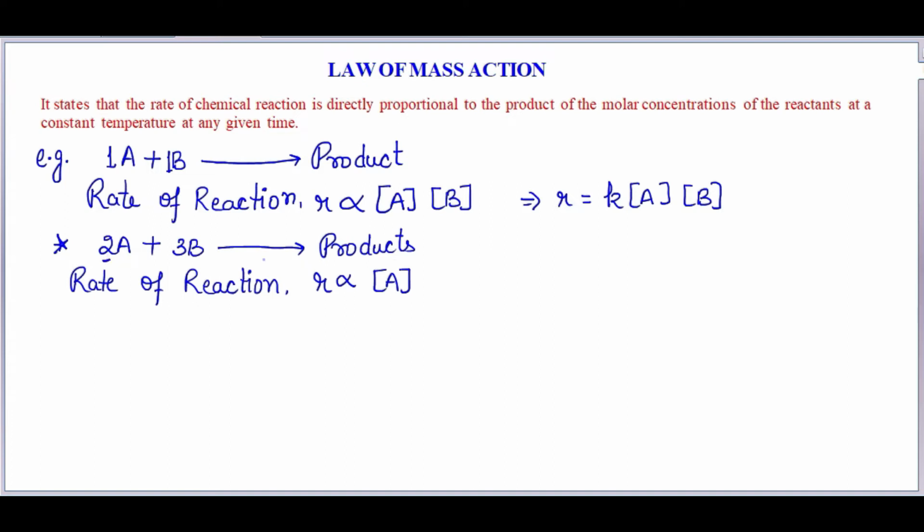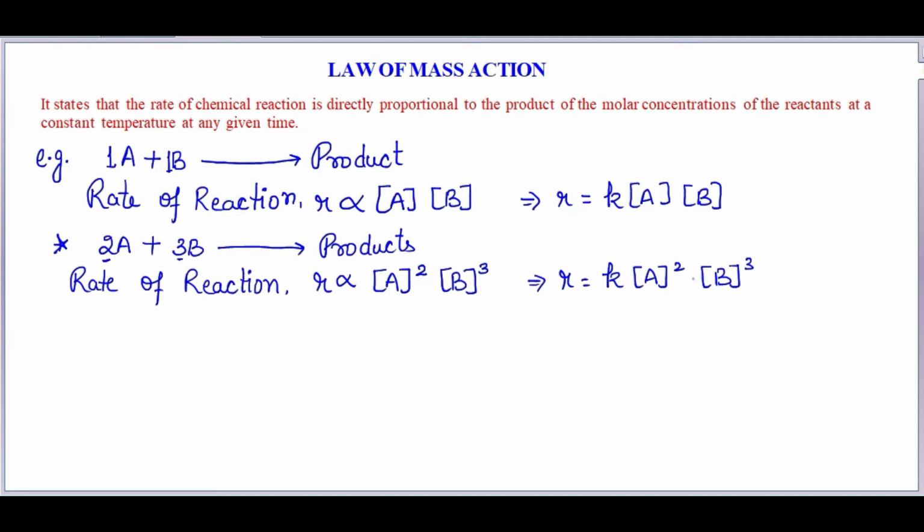I have two molecules of A, so the power of A will be 2, into the molar concentration of B raised to the power of the number of molecules involved in the case of B. There are three molecules involved, so power 3. Again, I'll cancel the proportionality sign and assign the rate constant. So R equals K, [A] power 2 and [B] power 3. So this is the law of mass action.